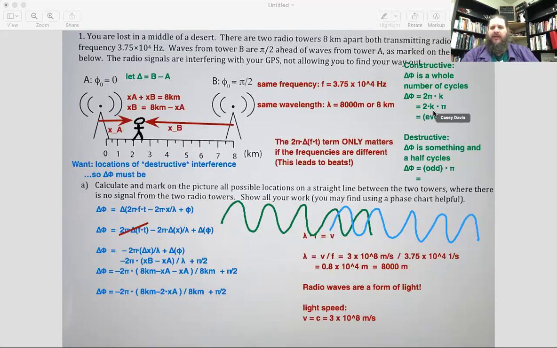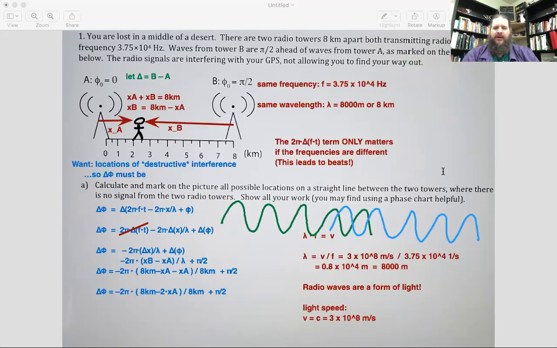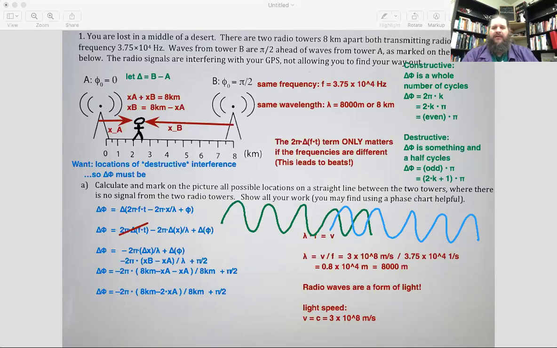How would you write an odd number in general, algebraically? You would do 2k plus 1. Yeah, because 2k is guaranteed to be even, 2k plus 1 will change it to an odd number. So we can write any odd number as 2k plus 1, where k is some arbitrary whole number.